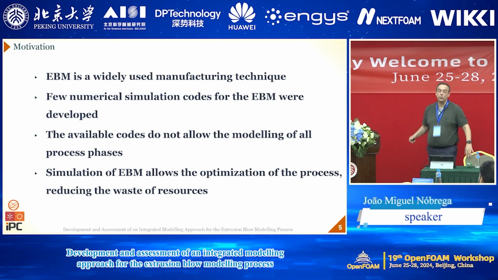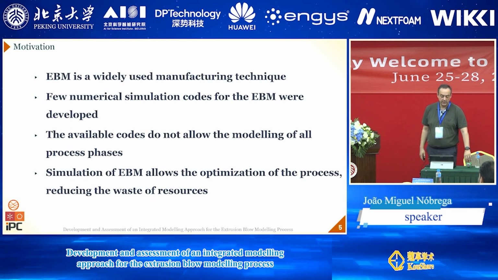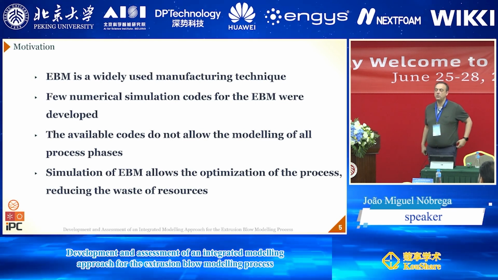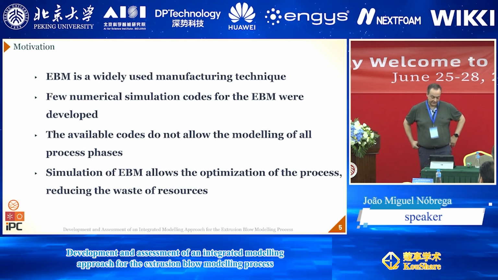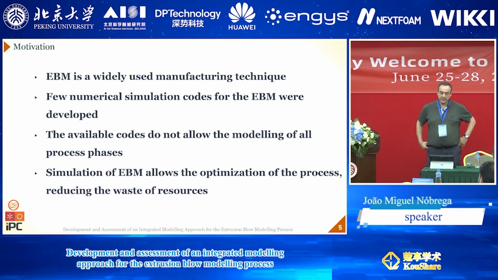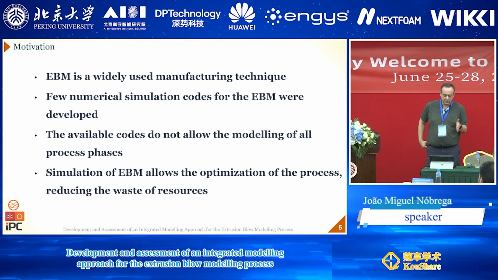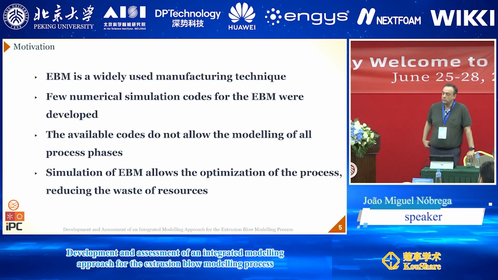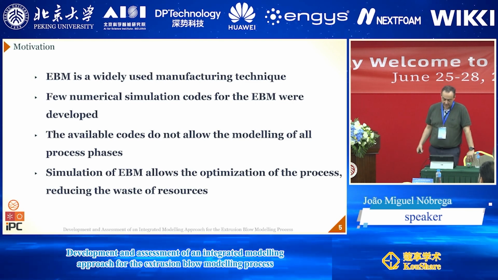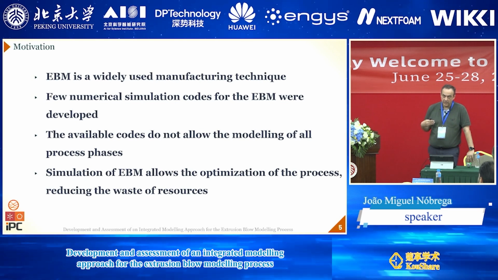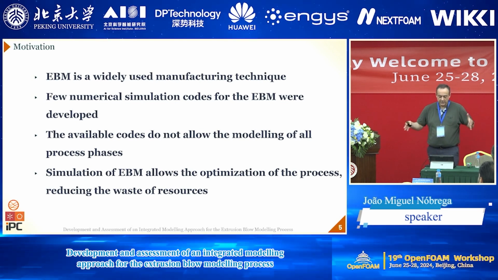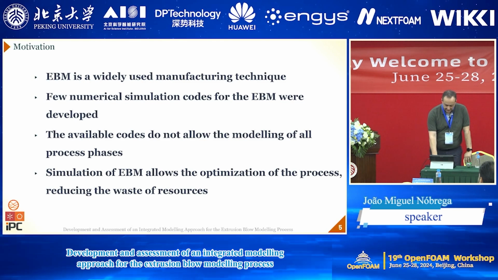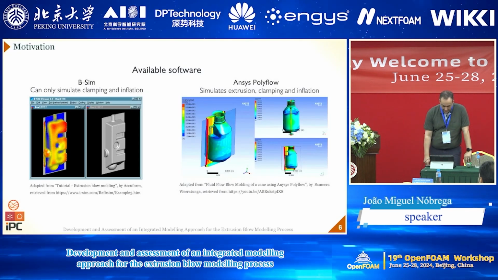This technique is widely used in industry, but there are just a few codes available to deal with that. And the main limitation of those codes is that they are not able to model all the phases. And if you think about optimization, we need to model all the phases and connect them somehow.